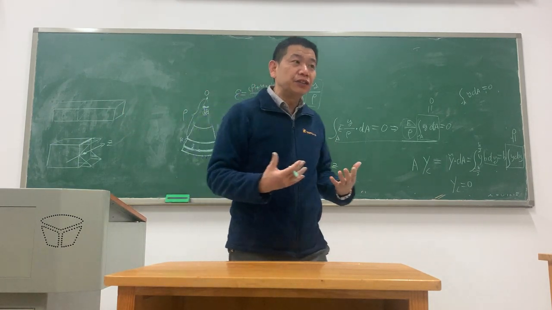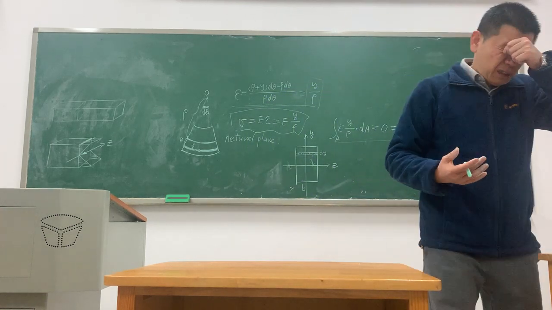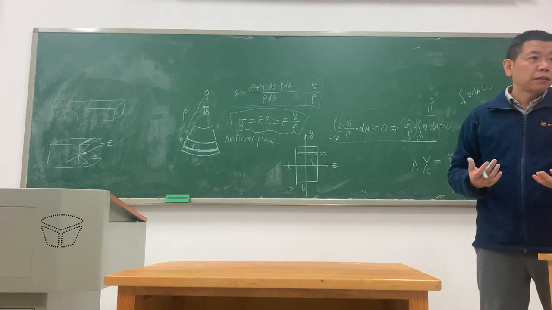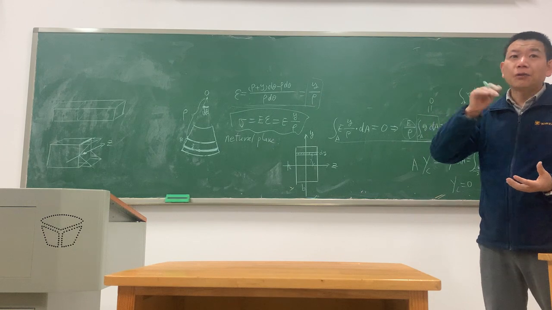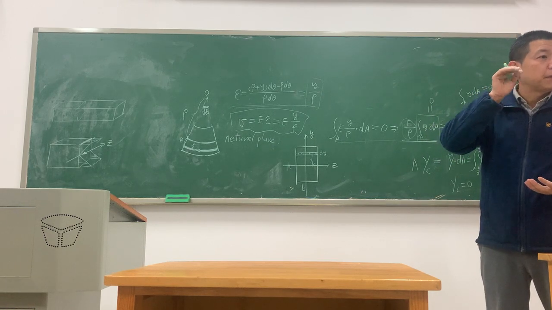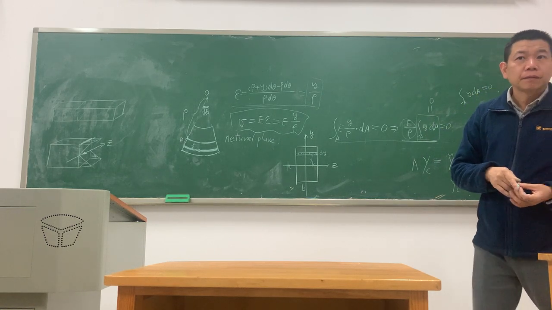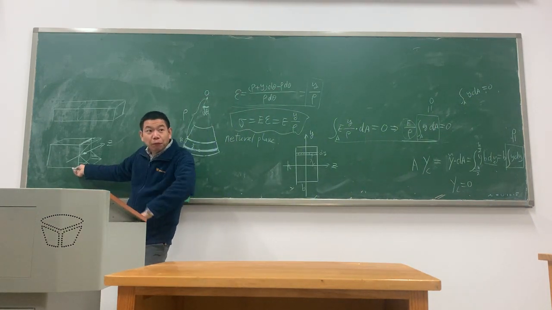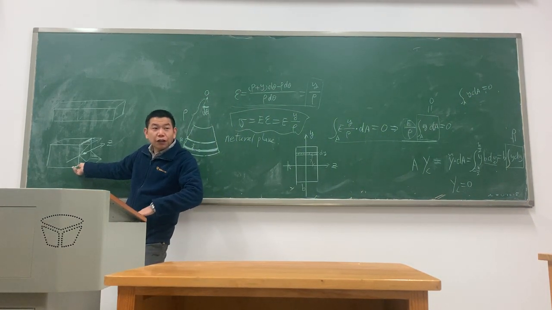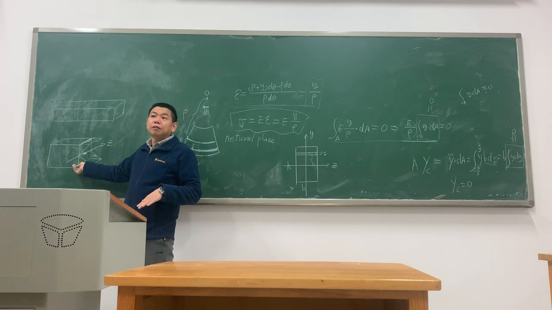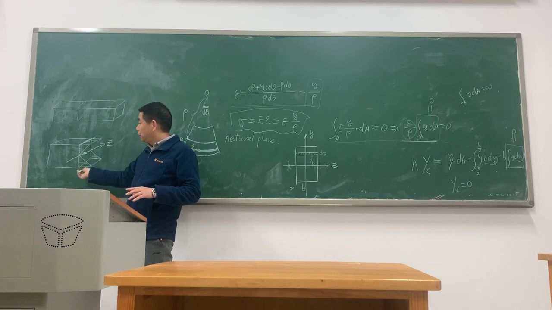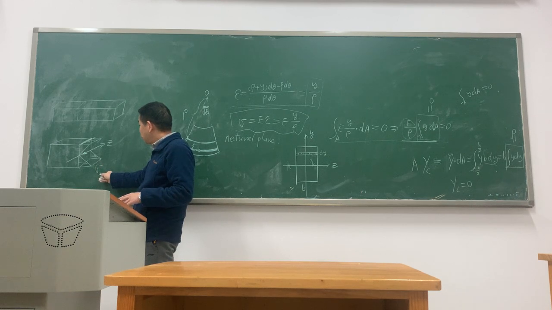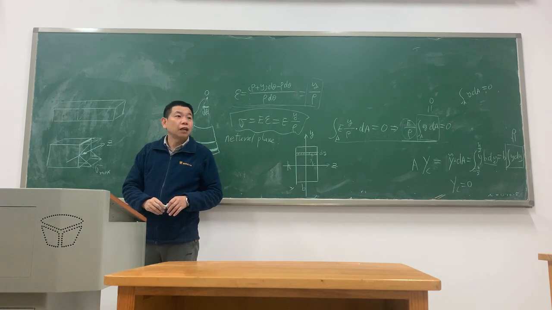Suppose the beam will break. Where is the point the crack first appears? The bottom. It must be on the bottom of the beam because it's sigma max. Yes or not?